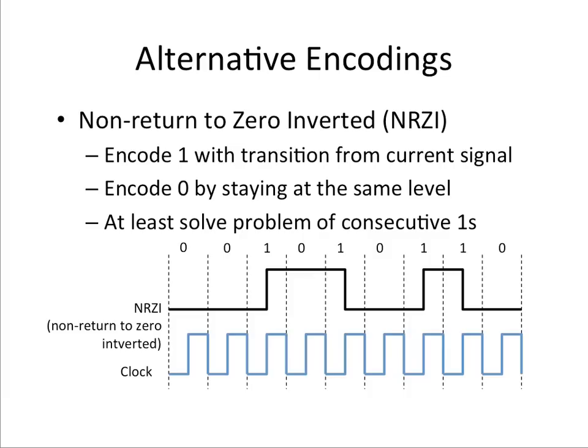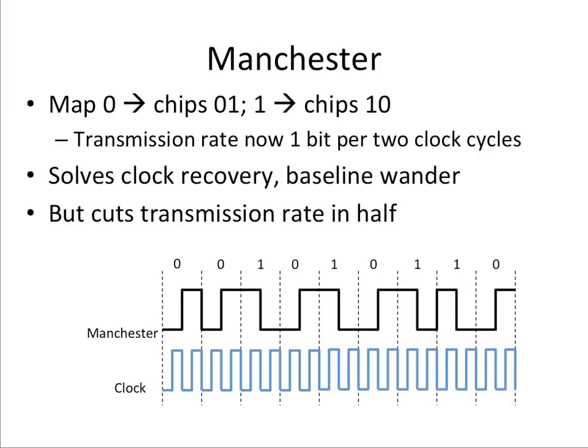So here still there is a one-to-one mapping between the bits and the chips. But here's something different. In this particular scheme called Manchester coding, let's say you want to transmit 0. You actually map that to 0, 1. Just look at the first cell. You want to transmit a 0, but you encode that as 0, 1.